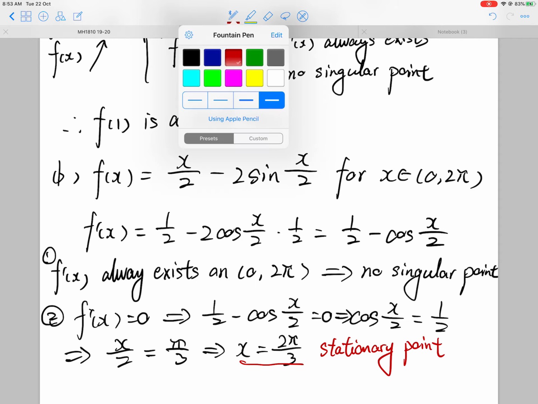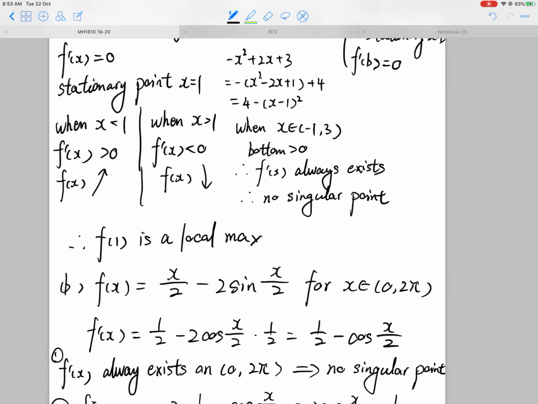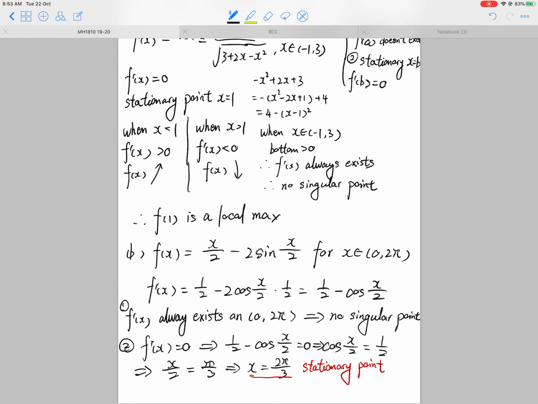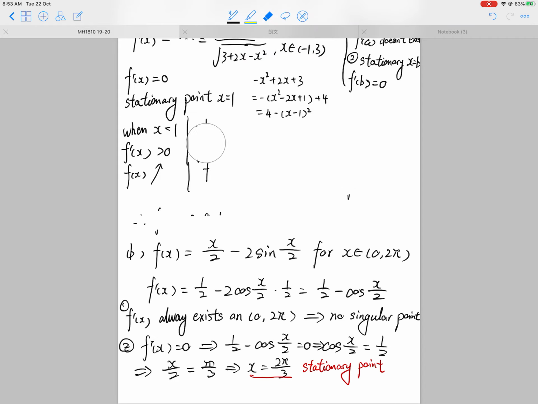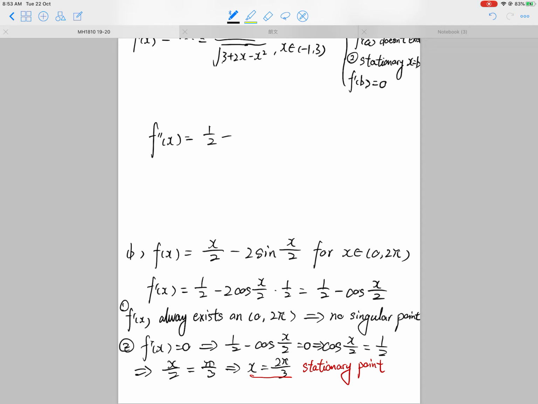Is this local maximum or local minimum? We can figure out its second order derivative. So let's erase some part. Okay, what is the function's second order derivative? It's the first order derivative's derivative.